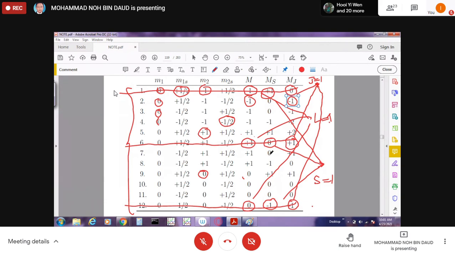And positive 1 here, positive 1 here with 0 and 0 here with positive 1.